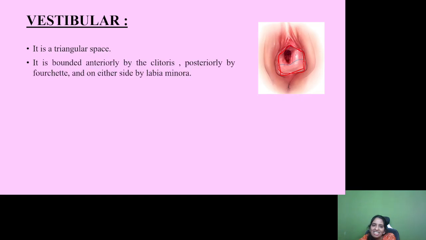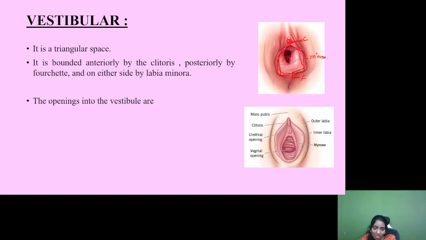As I said, anteriorly this is the clitoris, posteriorly the thin fold of skin, the fourchette, and on either side the labia minora. If you remember this image, it is bounded anteriorly by the clitoris, posteriorly by the fourchette, and on either side by the labia minora.